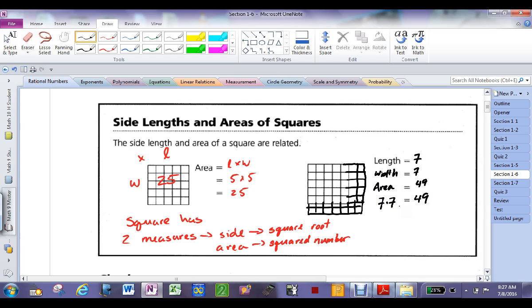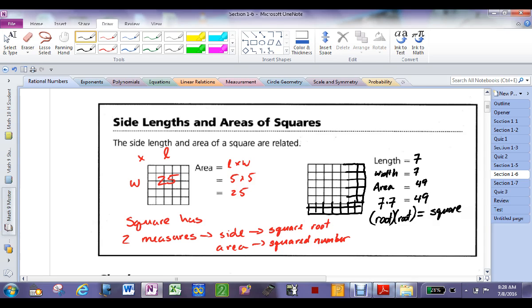Which of those is the square root? The 7. This is the square root. There's the root, whatever it is. And if I multiply it by itself, I get the square. Is everybody cool with that? Okay.